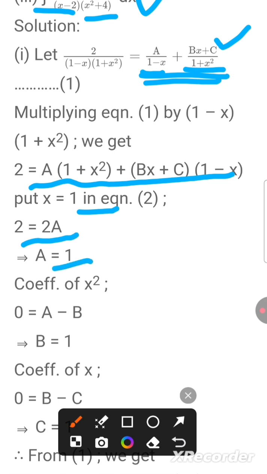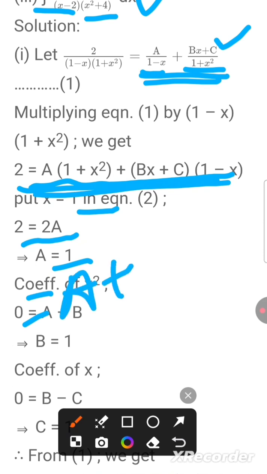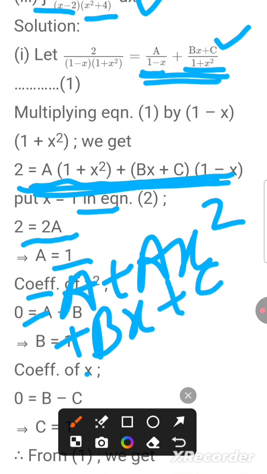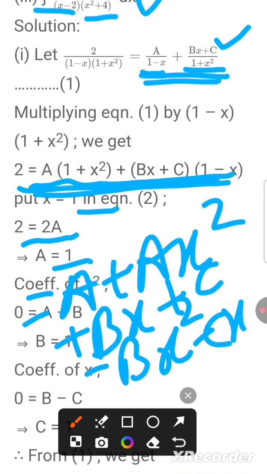Now we are going to expand this one and write according to the coefficient of x square, x and without x. So let's see, the right hand side is coming to a plus ax square plus bx plus c minus bx square minus cx. So the coefficient of x square is a minus b.